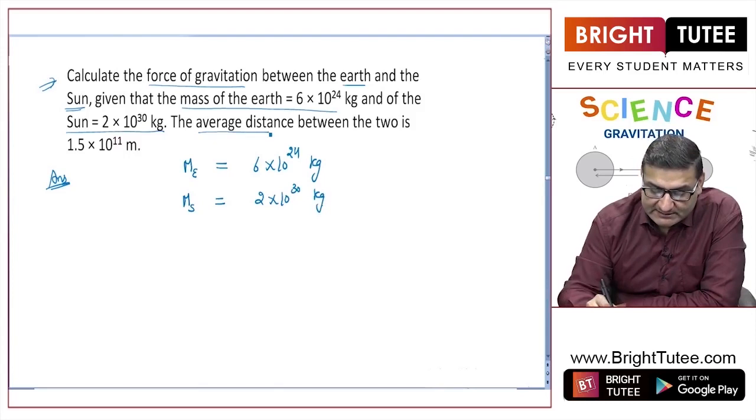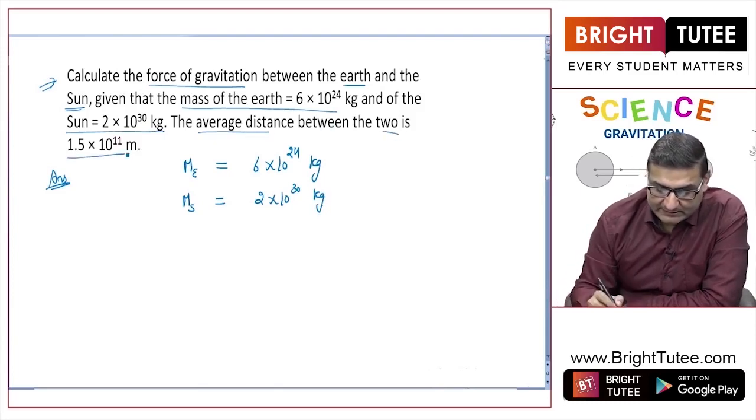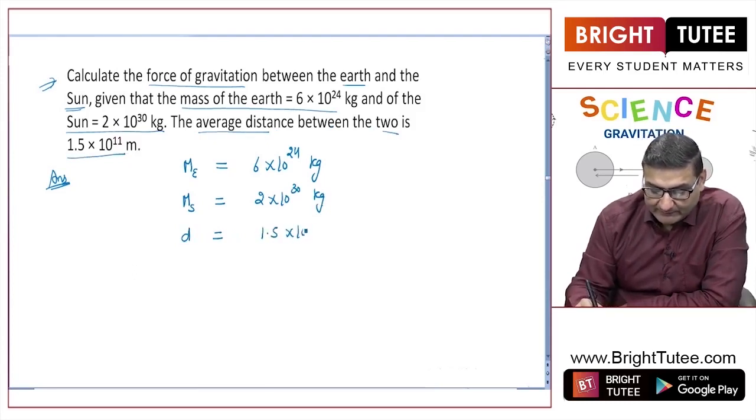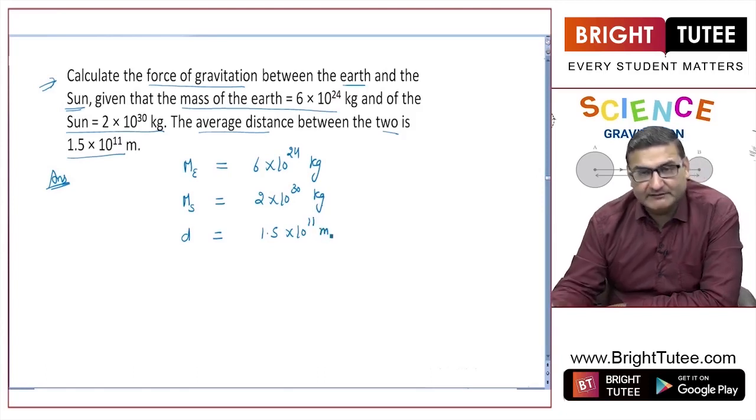Now, the distance between the sun and the earth is given to be 1.5 multiplied by 10 to the power 11 meters. This is the distance given to us.